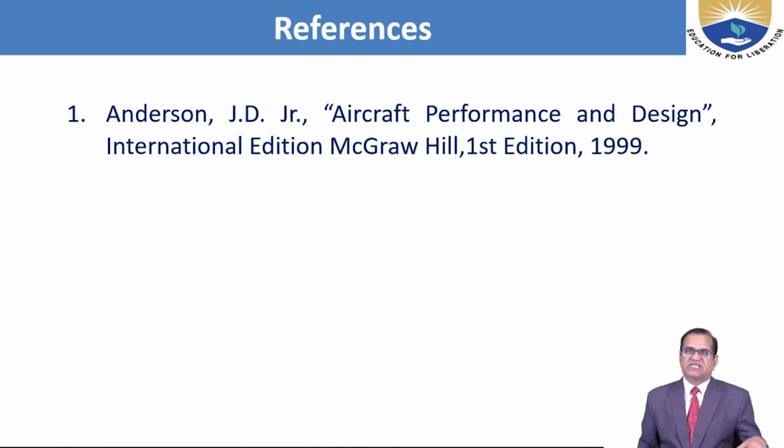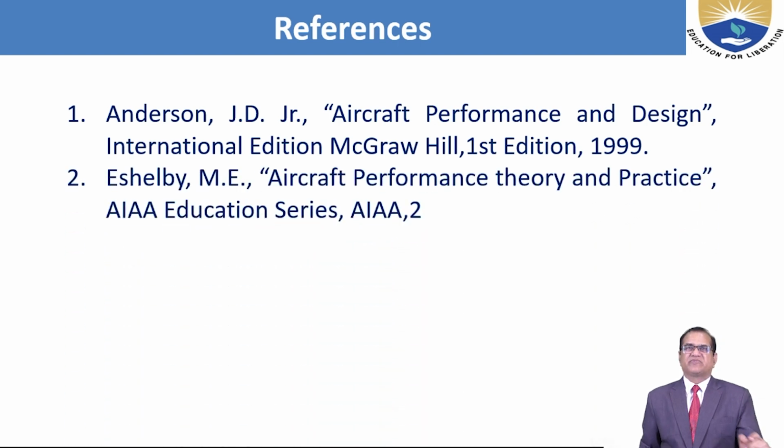These are the references which I have taken: Anderson J.D. Jr., Aircraft Performance and Design, International Edition, McGraw-Hill, First Edition, 1999; and Isselby, Aircraft Performance, Theory and Practice, AIAA Education Series, AIAA.